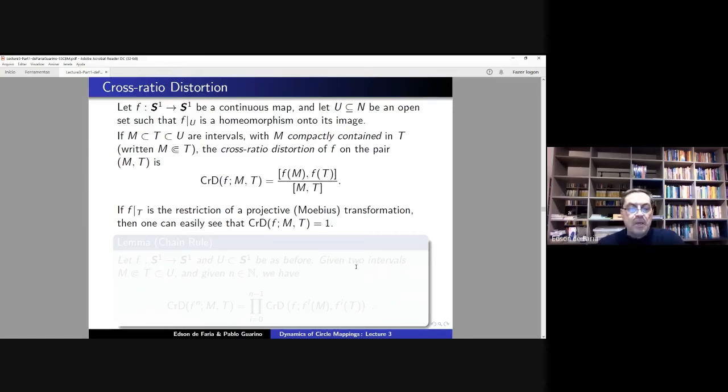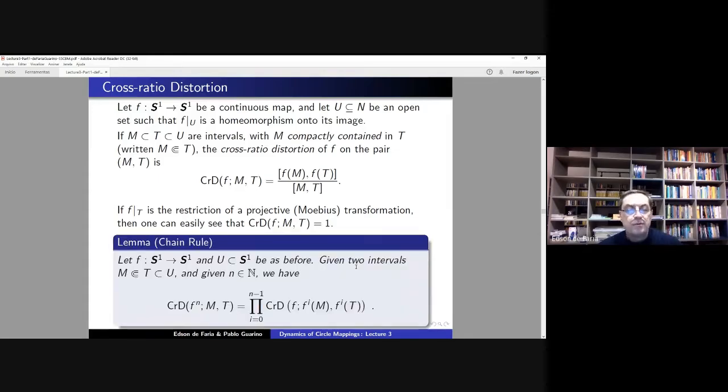And cross ratio distortion satisfies a chain rule, and it's very nice, because if you have a pair of intervals M and T, and you're looking at the iterate F^n applied to these intervals, then the cross ratio distortion of the iterate is just the product of the cross ratio distortions of F restricted to the intermediate situations, F^i of M, F^i of T.